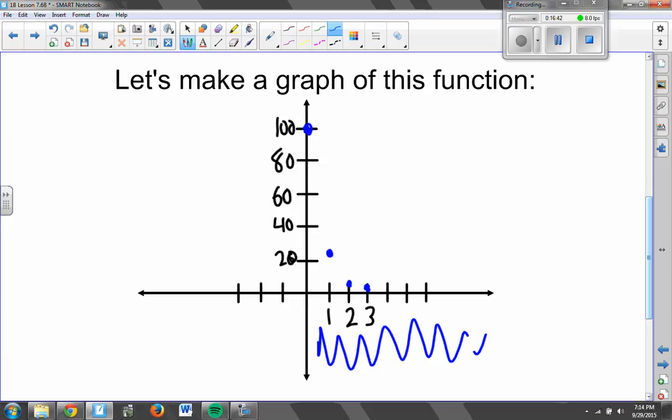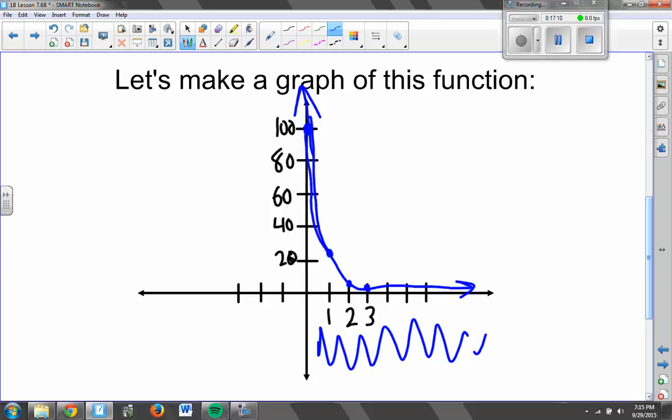Please never have an exponential graph that does that. This graph should look like this. Come down, connect the dots, curl off, and then just stay right above that x-axis. Then that one curls up through there and keeps going like that. There is a sketch of this graph. It's not perfect by any means, but it tells us what we need to know.